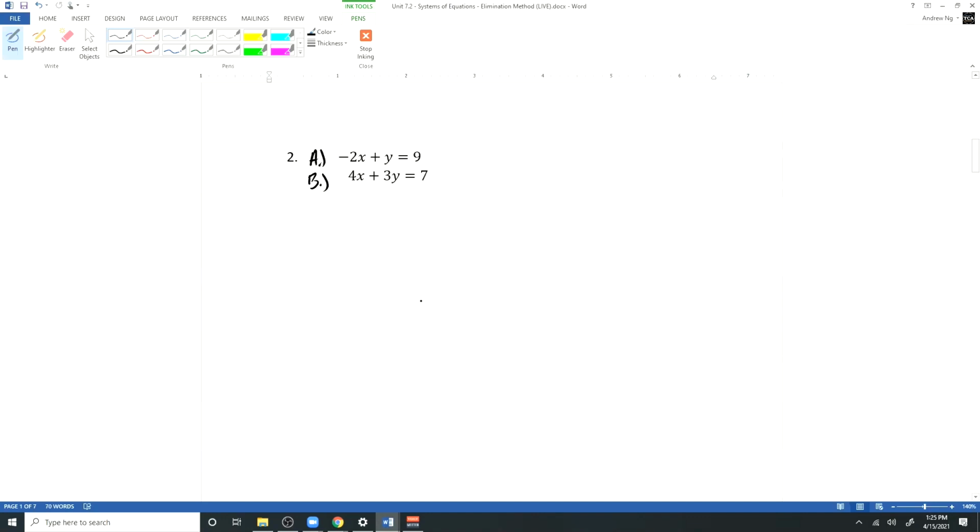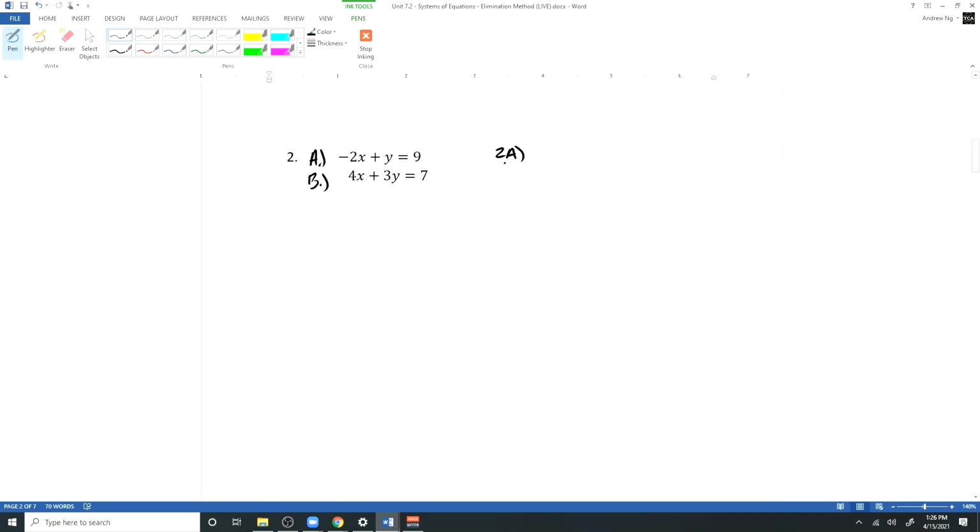nothing is the same. But what I do notice is that, for example, this is negative 2x, and this is 4x. I want the coefficient to be either exactly the same or exactly opposite. What I could do is multiply A by 2.